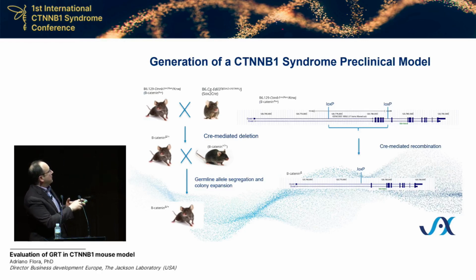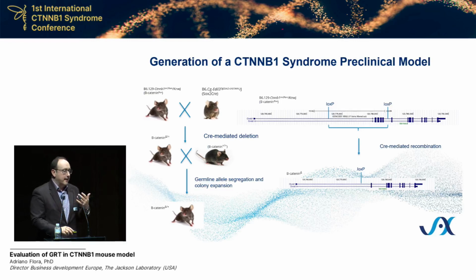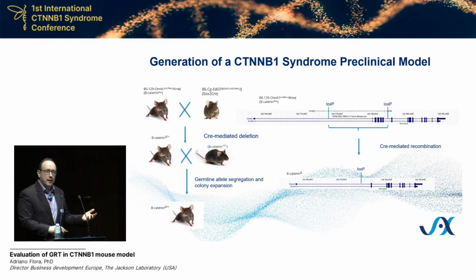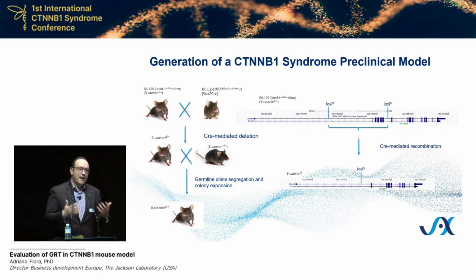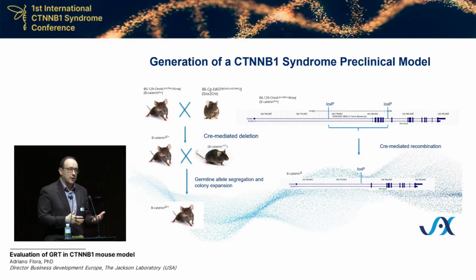We cross these mice with a mouse model that expresses the Cre essentially in every tissue, especially in the germline, so in sperm and oocytes. So we finally generate a model which carries a deleted gene, which is a pretty drastic mutation of the beta-catenin gene. Essentially, we know that this is a full loss of function.